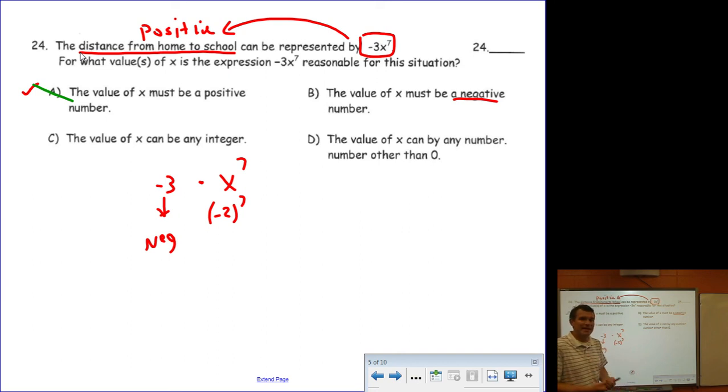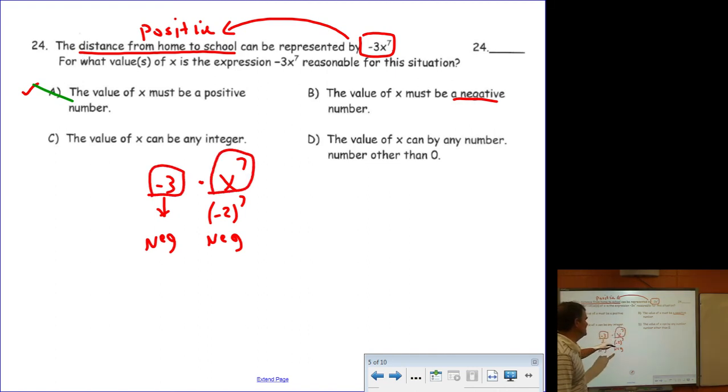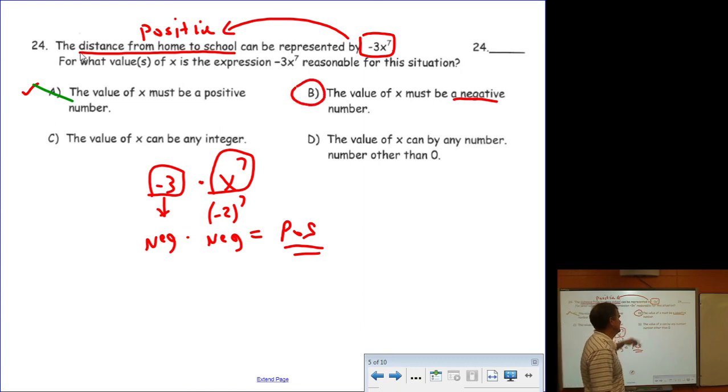Because I'm taking a negative number and I am multiplying it an odd number of times. We have learned that a negative number to an odd exponent remains negative. But the final result now would be a negative 3 times a negative result for x. A negative times a negative is positive. X can be a negative number. So this could be the answer.